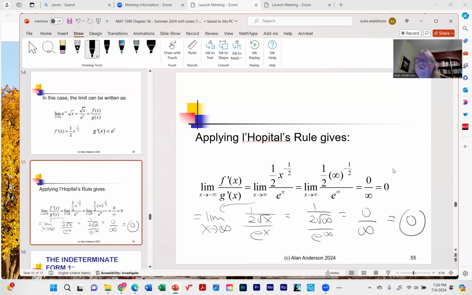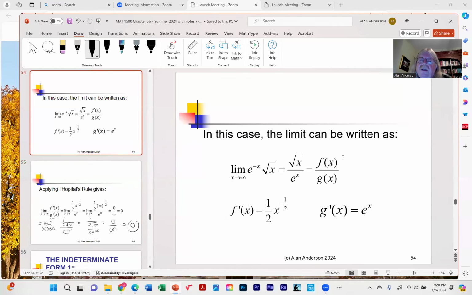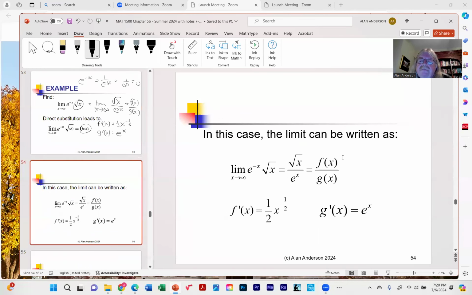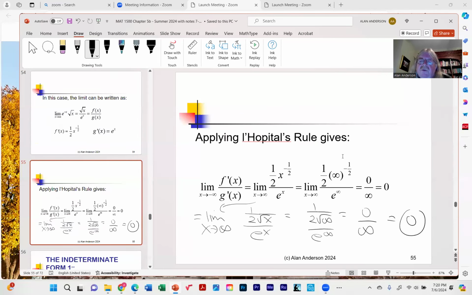So basically, the only thing that really is different here is that we had to rearrange the limit algebraically to put it into the form that we're more familiar with. And so when we took the derivatives, then we ended up with a result. Now, if this didn't work, we could have tried L'Hopital a second time, and if that still didn't work, we would have had to try something different.